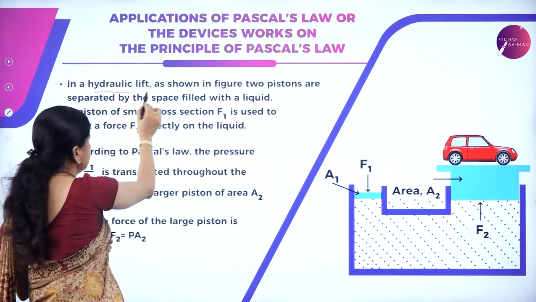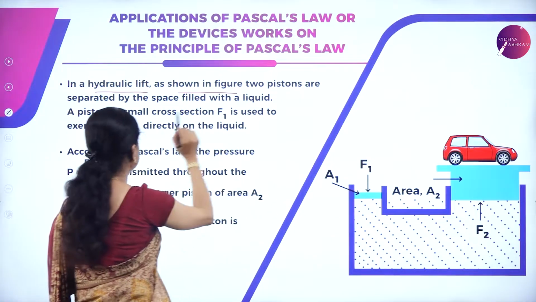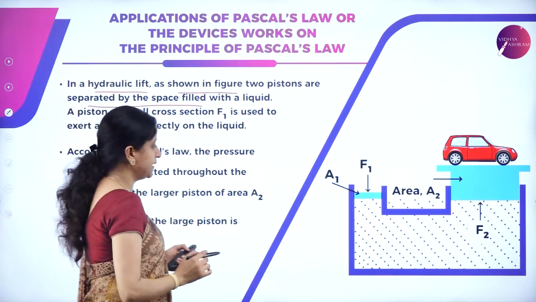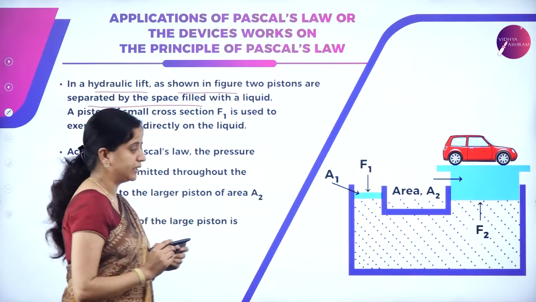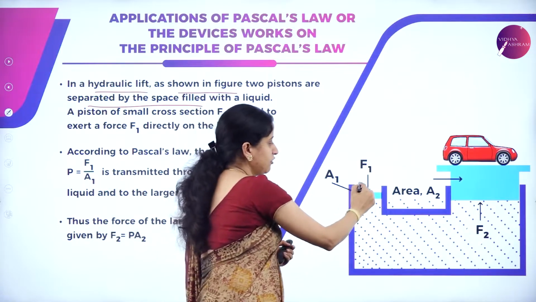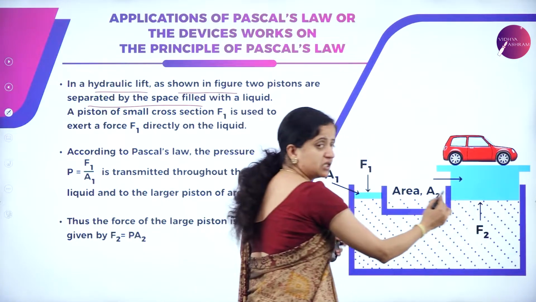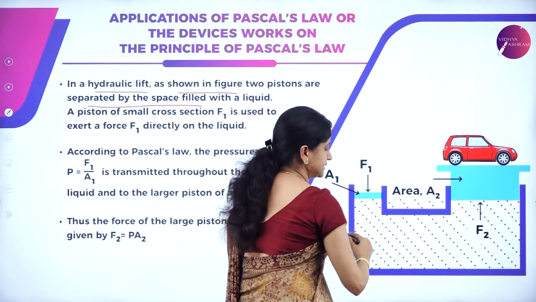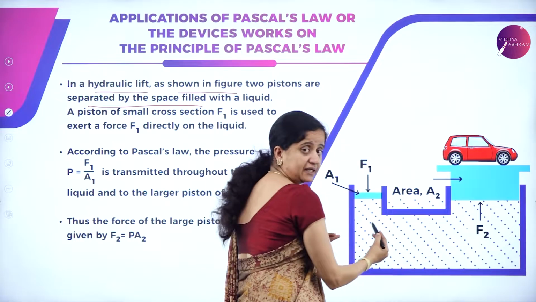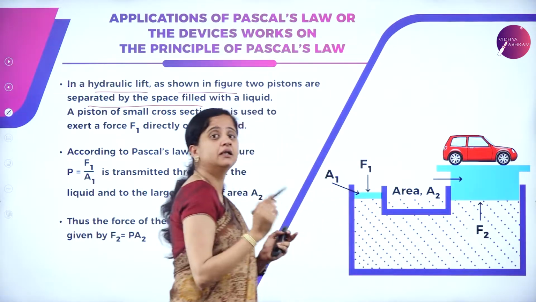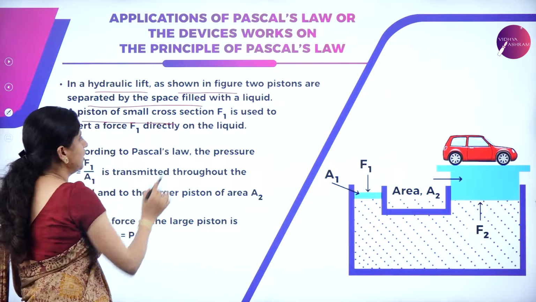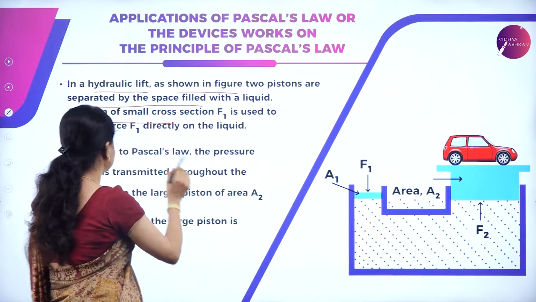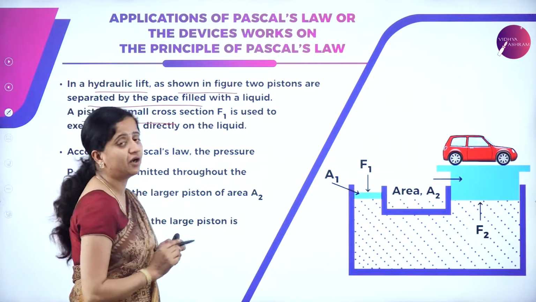In a hydraulic lift, as shown in the figure, 2 pistons are separated by a space filled with a liquid. Look at this diagram. Here we have piston 1 and piston 2. A piston of small cross section is used to exert a force F1 directly on the liquid.